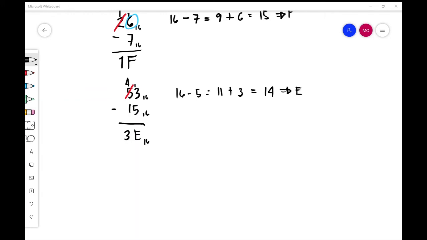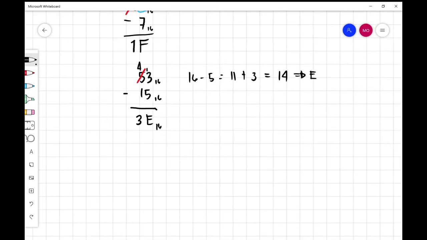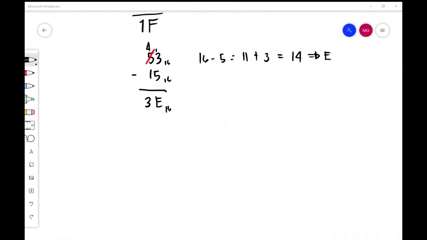Okay, let's have another example. Let's say we have B56 minus 2AE. Okay. So 6 minus E cannot be, so we borrow 1 from here. This becomes 4. And we have 16 decimal minus E. Hexadecimal minus E. So let's expand this.